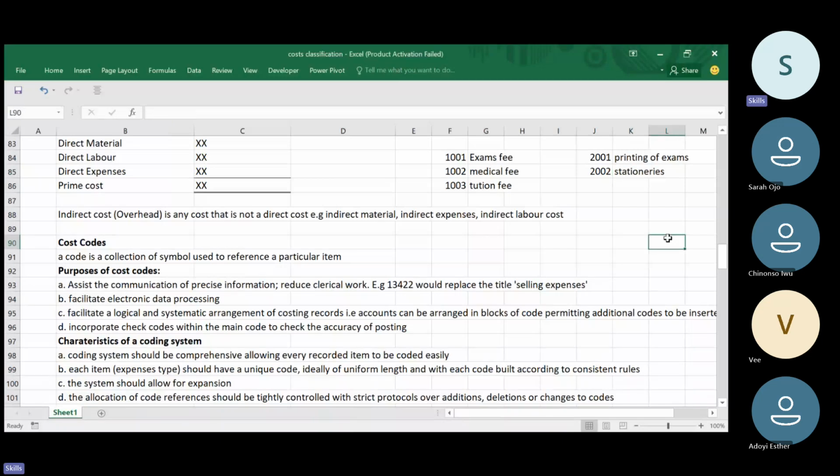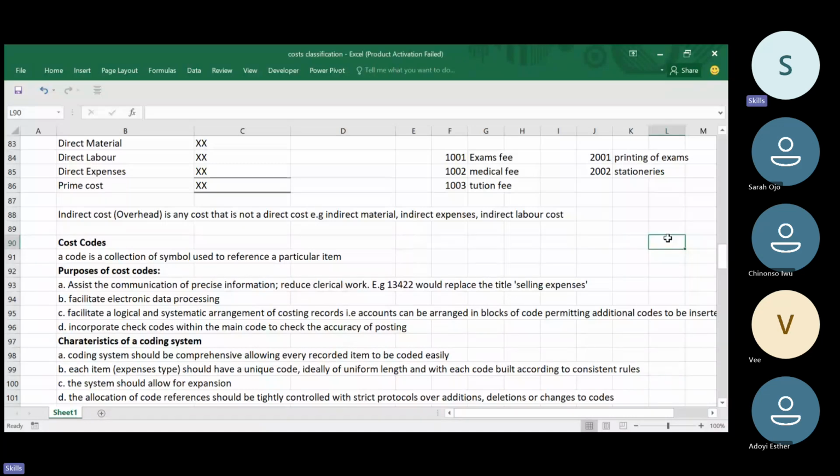If you see any code that starts with 2, since you have already established it, you know that it is expenditure, so it's on the expenditure side. When it starts with 1, you know that it is revenue. So this is just an example.